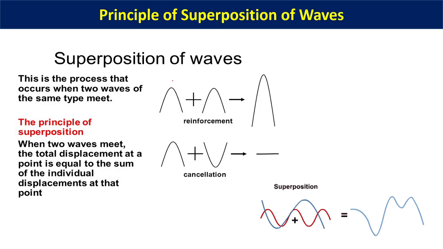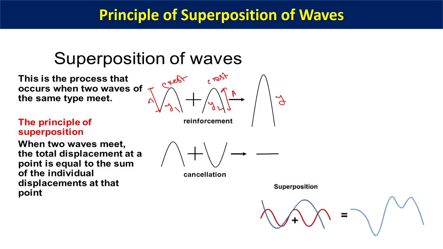Suppose you have got a crest. This is a crest, we know, crest of a wave. This is the crest of another wave. If the crests superimpose, then you can see the ultimate wave. Suppose this is y1, crest of y1, this is crest of y2. When they are superposing, then we get the final wave y, whose crest is almost double in size, because this distance is suppose a and this distance is suppose a.